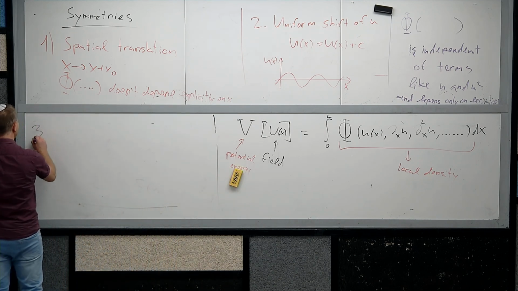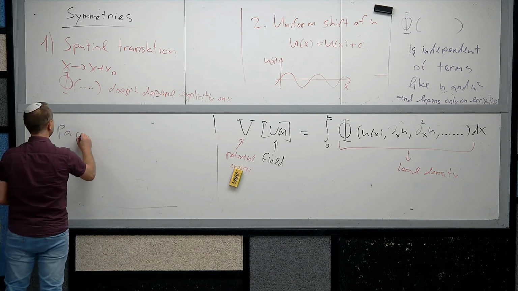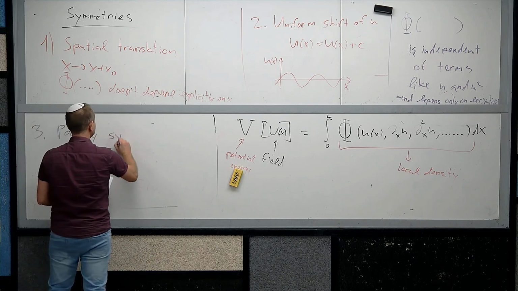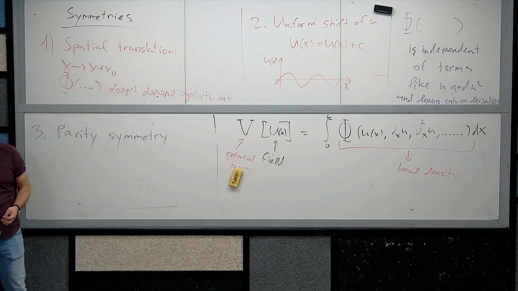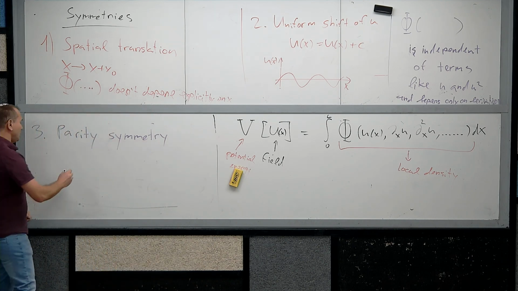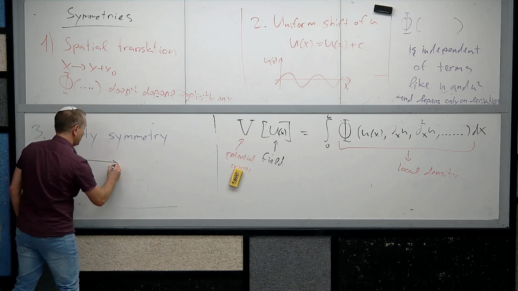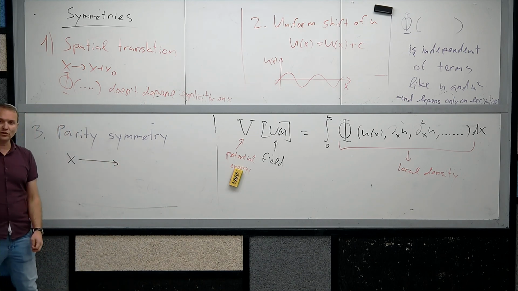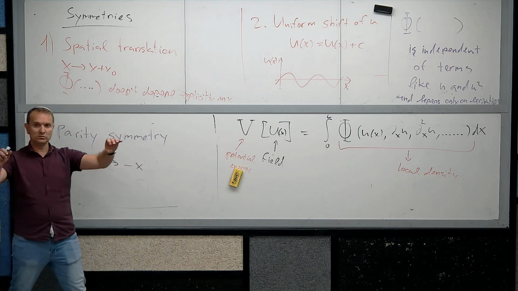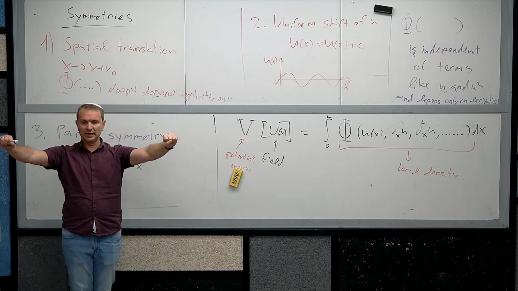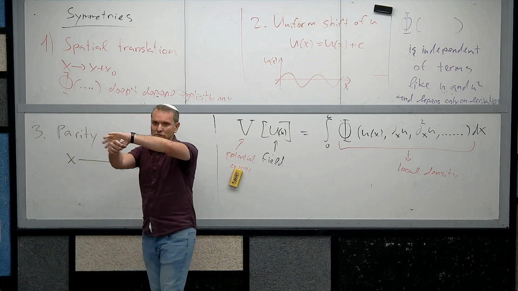Number 3, parity symmetry. What I mean by parity symmetry is, if I change all the x's to minus x's. So I will take my line of particles and I will simply invert it.